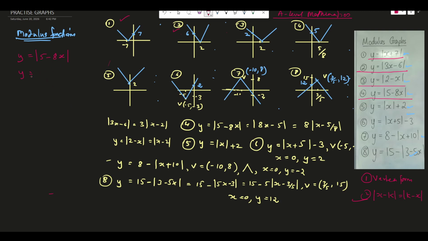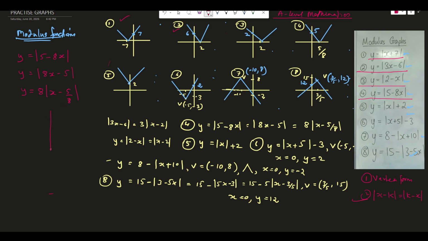So I make it modulus of 8x minus 5. Got it? Because x has a coefficient, I'll have to factorize it. I take 8 out, and it will be y is equal to 8 modulus of x minus 5 upon 8.